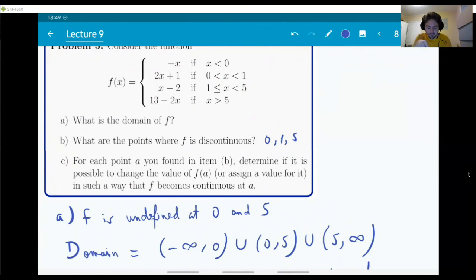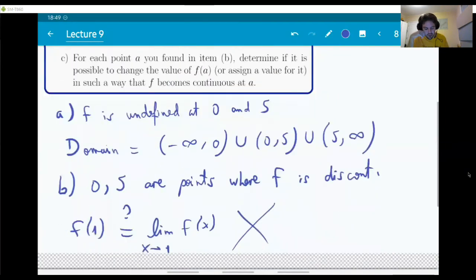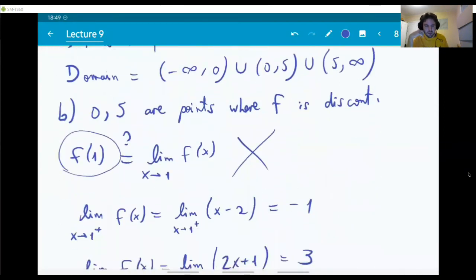So for example, look at the number 1. The one-sided limits around the number 1 existed, but they were not equal. So the limit itself does not exist. This means that no matter what you change the value of f of 1 to be, you will never get this condition here that it's equal to the limit, because the limit does not exist.